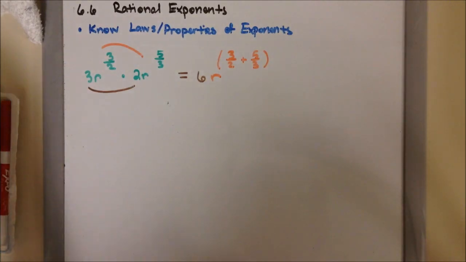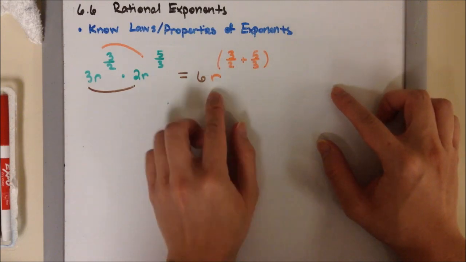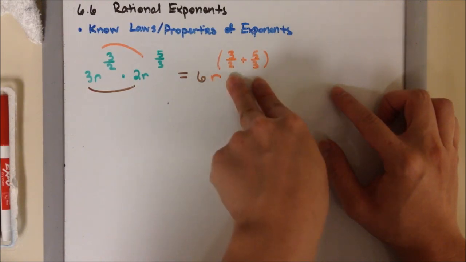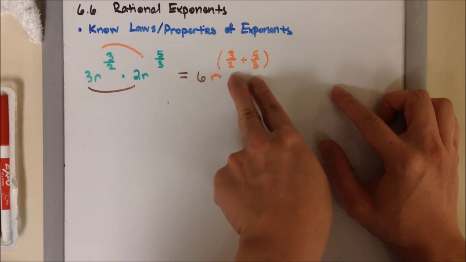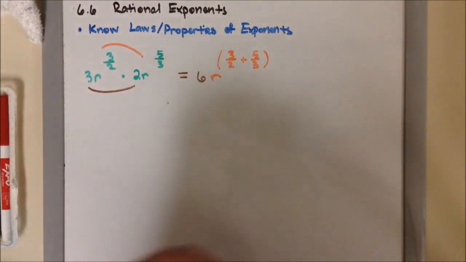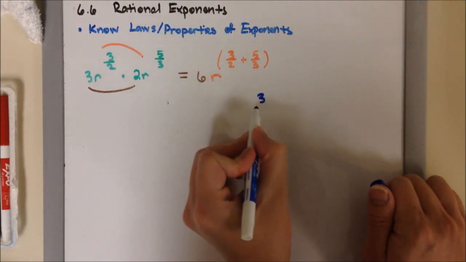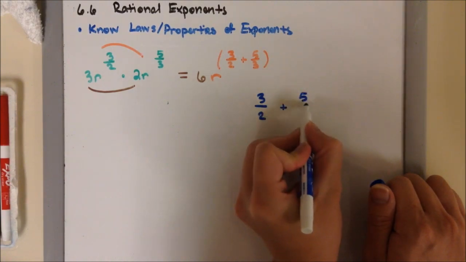Now, since it's going to be some writing, I'm going to put the fraction work here, but be mindful that I'm doing the work for the exponent. So I'm still going to have the 6r as my base, but I'm going to be doing the work over here for the exponent. So I'm going to write it out. So 3/2 plus 5/3.